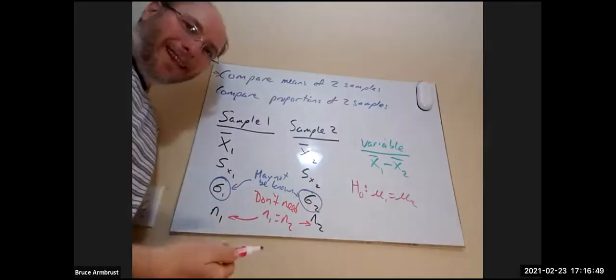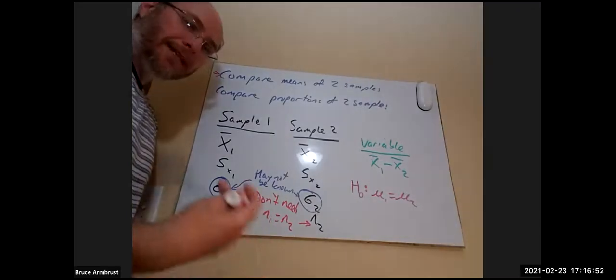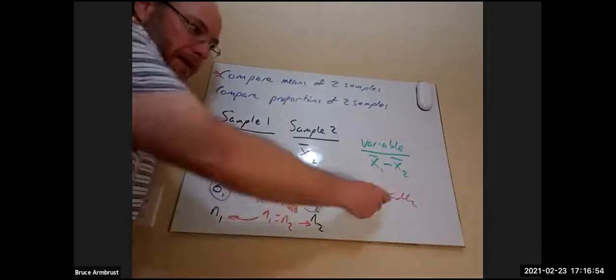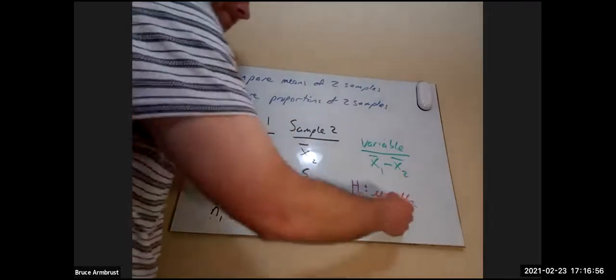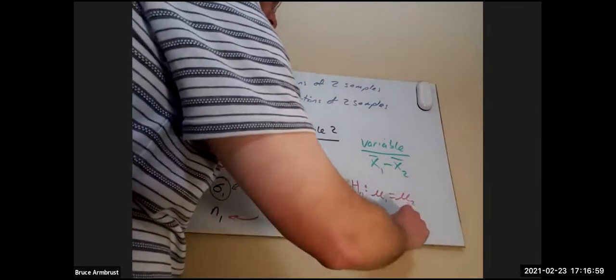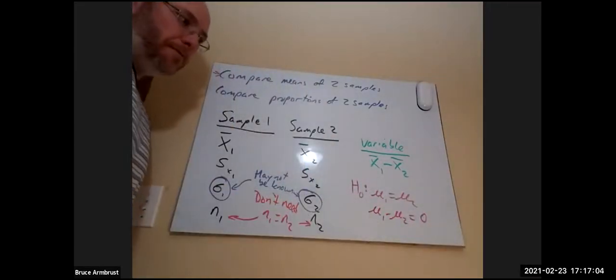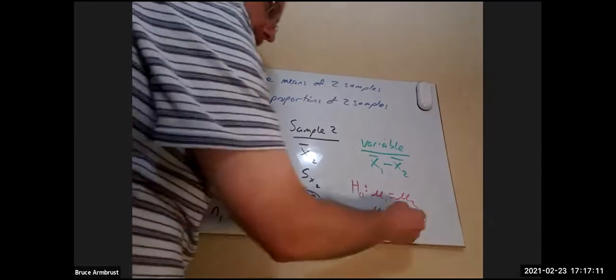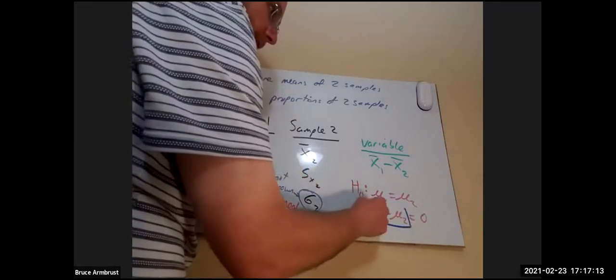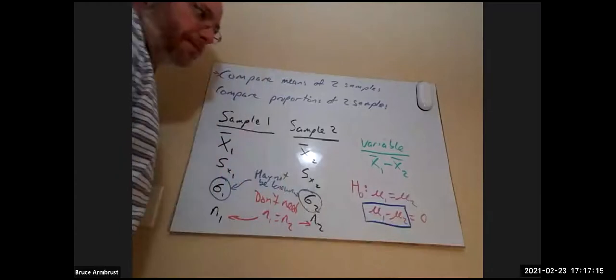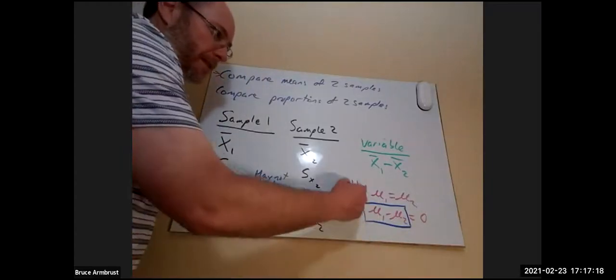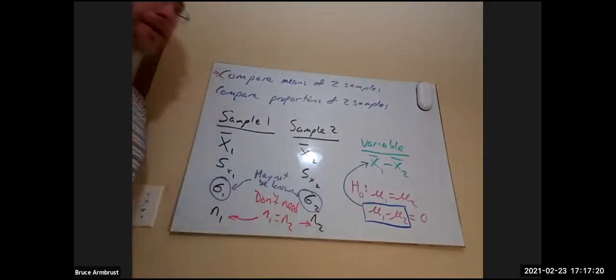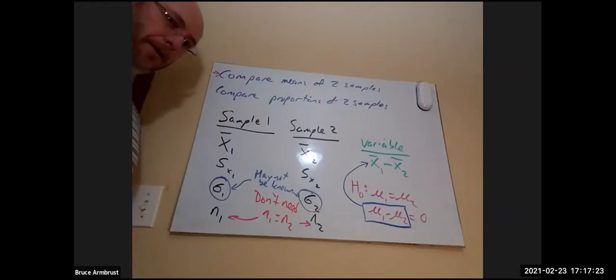But whenever we've done a hypothesis test, we've always had something equaling a number, and these things are both changing. So if you do a subtraction, some algebra, this turns into mu1 minus mu2 equals 0. And so it's this thing that we're comparing against a number, which is what leads us to the variable we're looking at being x1 bar minus x2 bar.